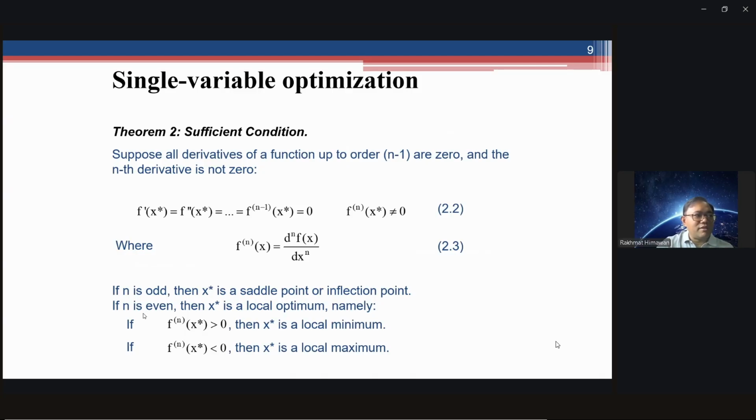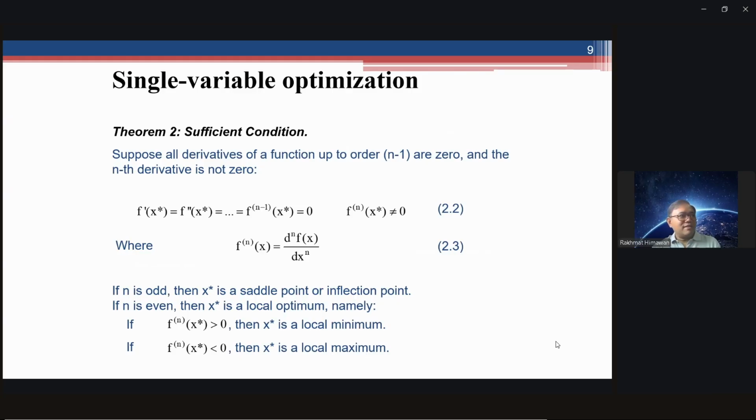If n is even, say 2, you do the derivative, and the second derivative of f at x star is not 0, or the fourth, or the sixth, then x star is a local optimum. Could be maximum, could be minimum. Then we can check again. If the nth derivative at x star is bigger than 0, then it's a local minimum. But if it is less than 0, then x star is a local maximum.